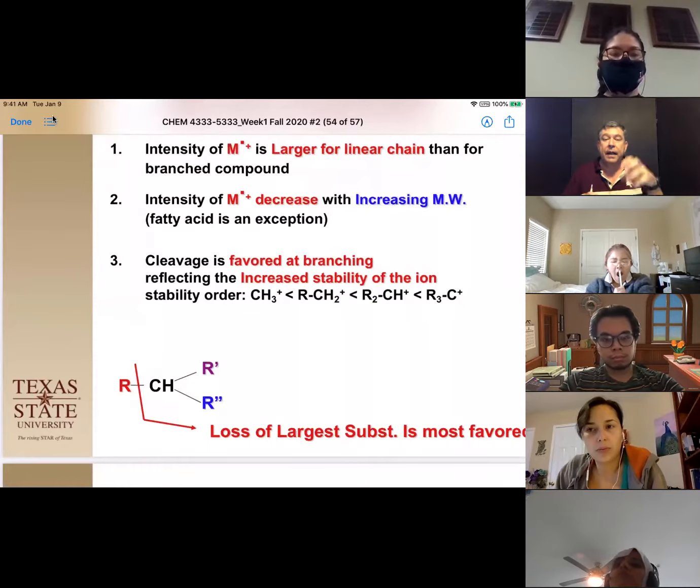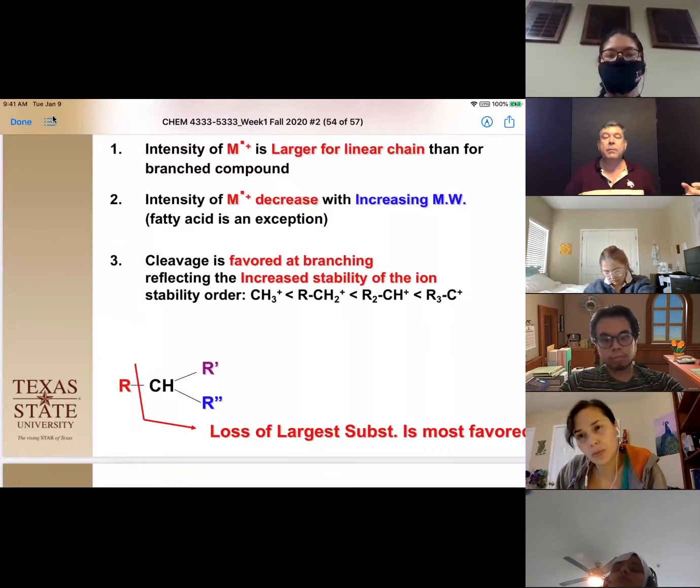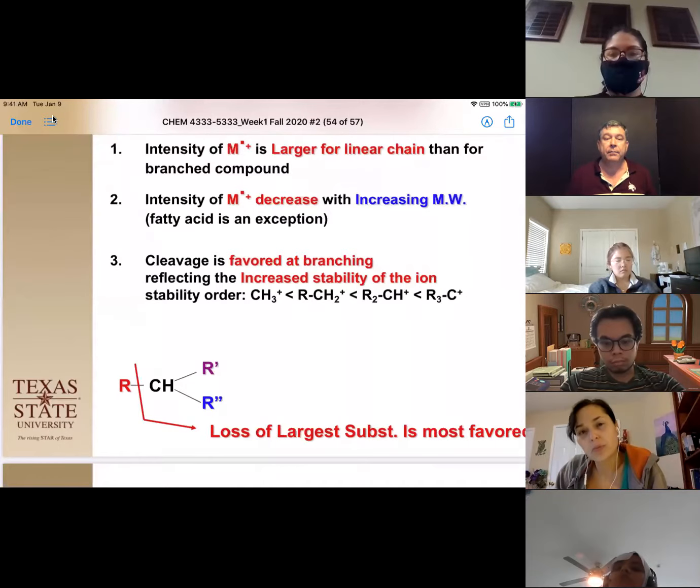If you have something that has a t-butyl group on it, you're going to see it split that t-butyl group off first. And you're going to see this huge loss in mass associated with the t-butyl group because you can form that tertiary carbocation. So those are the first 3 rules of fragmentation, and we're going to play with these in our exercise later today.